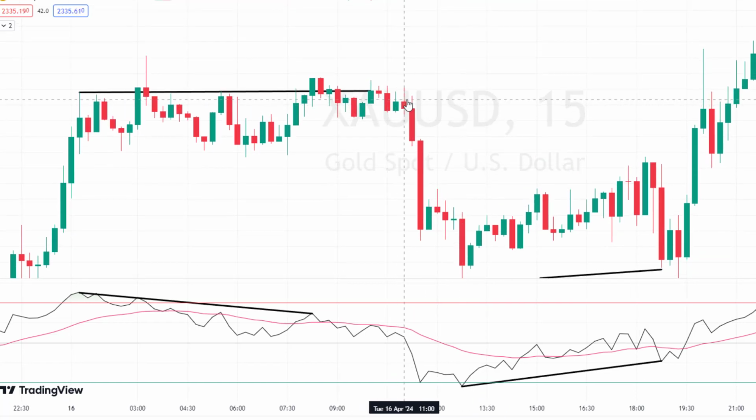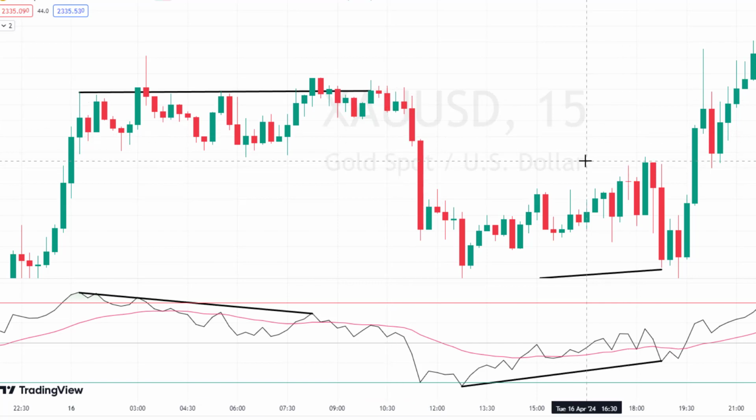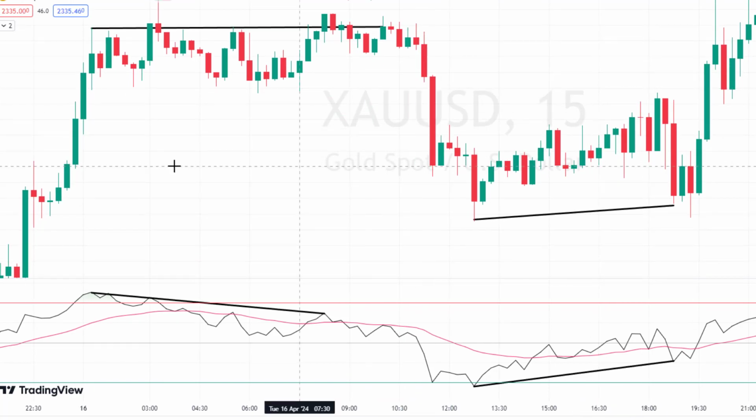From here we will plan our sell trade, and our TP must be our first order block level, which is here. This is the right position of the order block level, but we have to take a little profit.